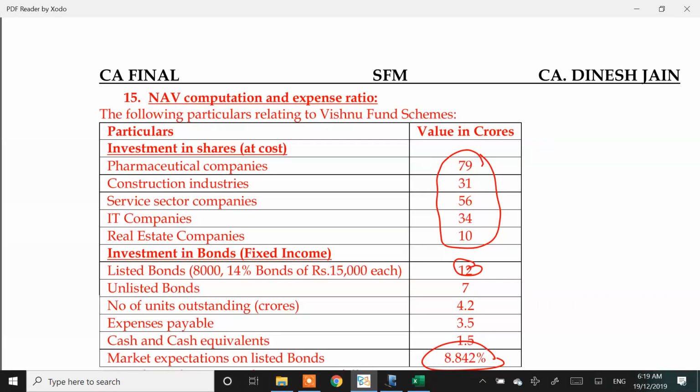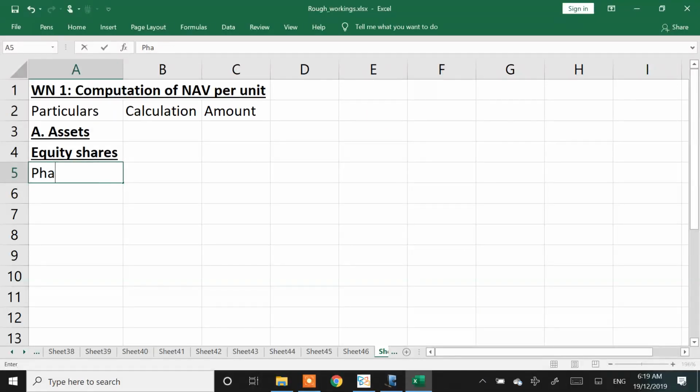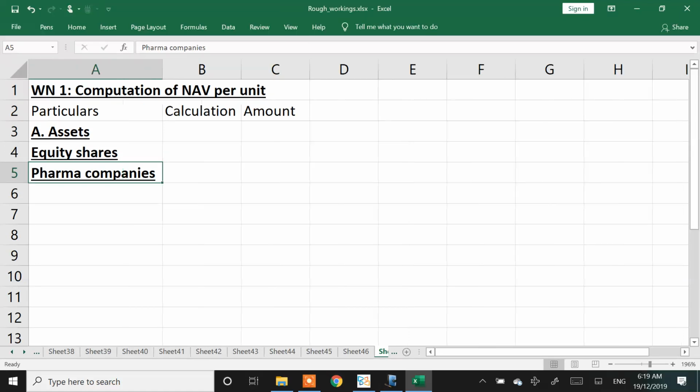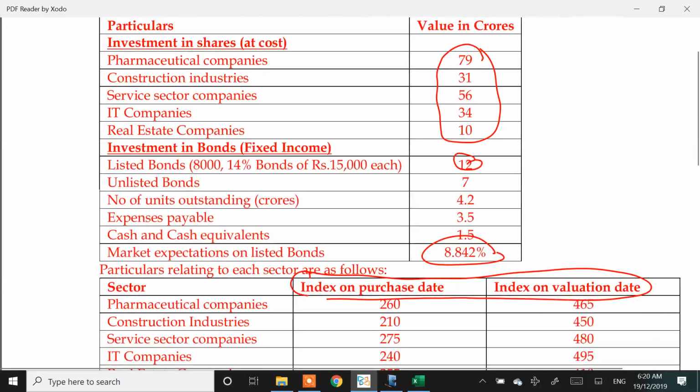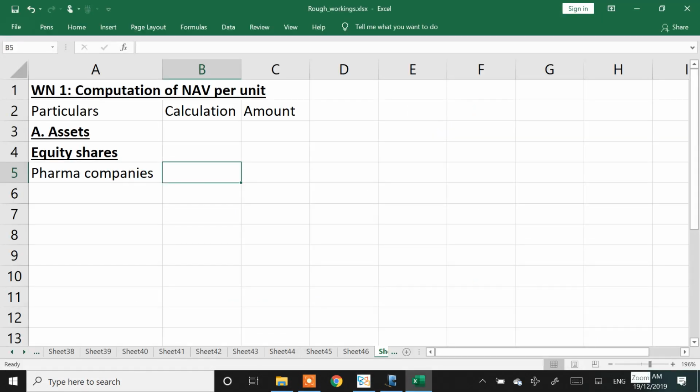We have different investments which have been made by the company, so we take that into consideration and do the valuation. Pharma companies: my investment is 79 crores. When I purchased it, what was the index value? Now what is the index value? 465.